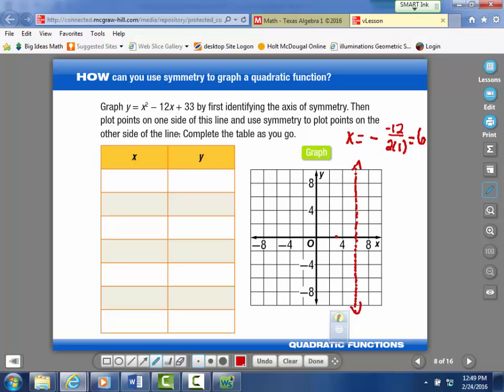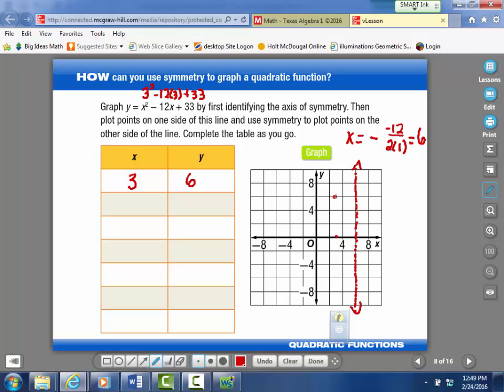Okay, so if I put 3 in, that'd be 3 squared minus 12 times 3 plus 33. I'm probably going to grab my calculator and figure that out. And I came up with 6. So here I'm going to put 3 and 6, and then I'm going to graph that point, 3 and 6.